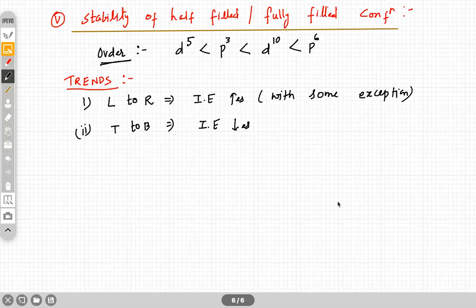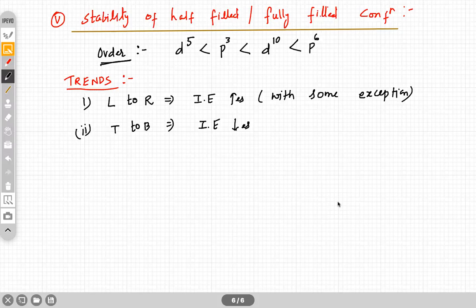Okay. So this is the general trend we have. Left to right, ionization energy increases. Now, what are the exceptions we have into this one?